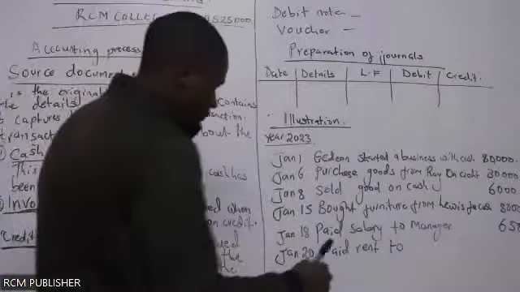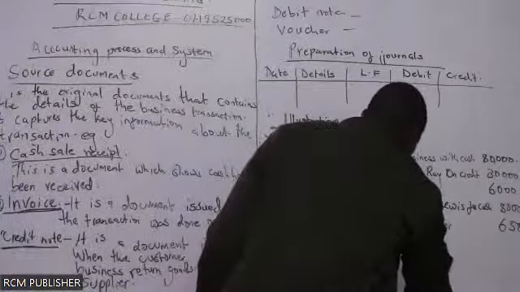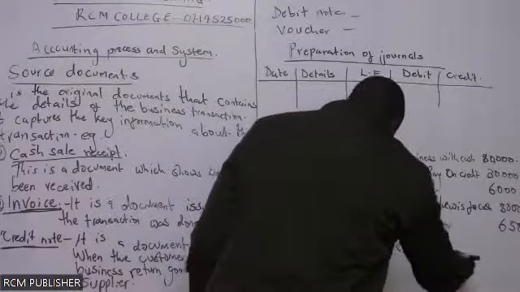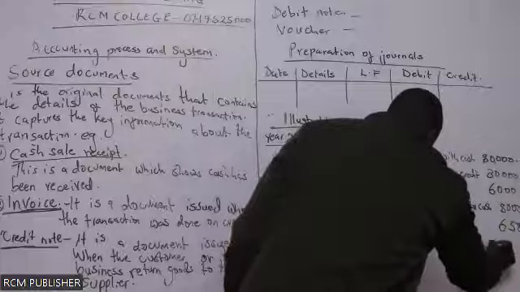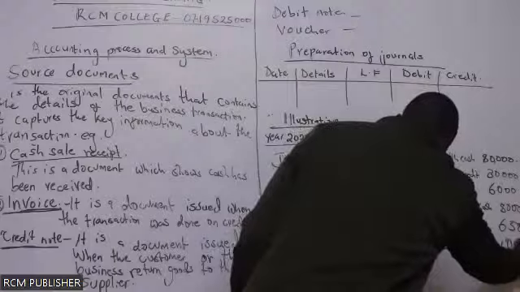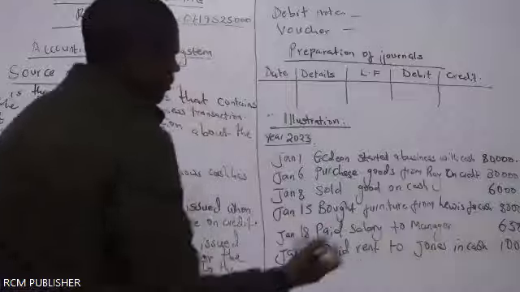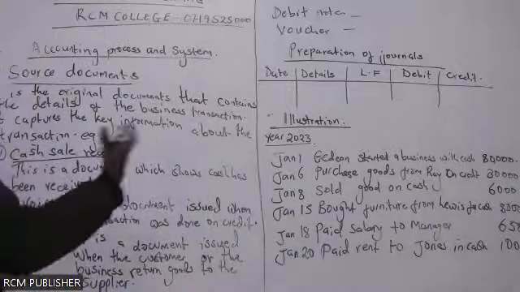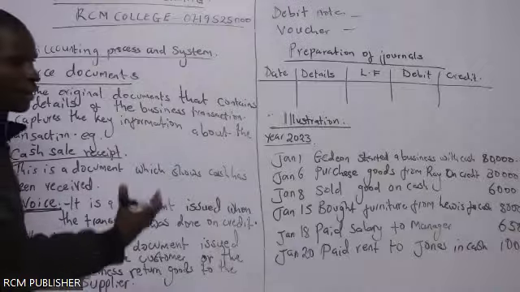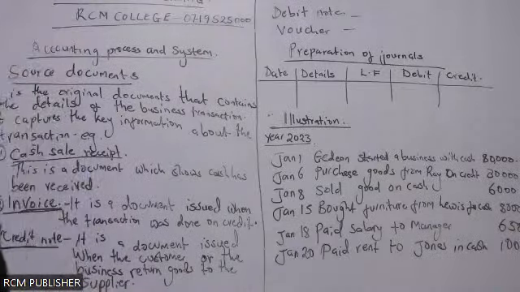To Jones. Paid rent to Jones in cash. Let's say maybe a rent of 1,000. And you are told to present that in a journal.